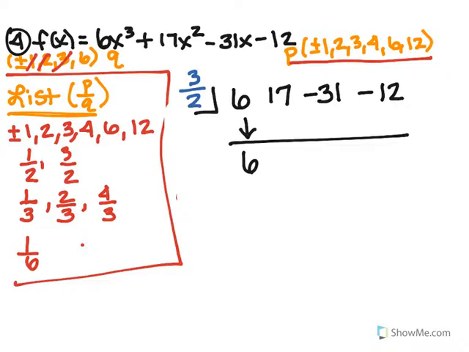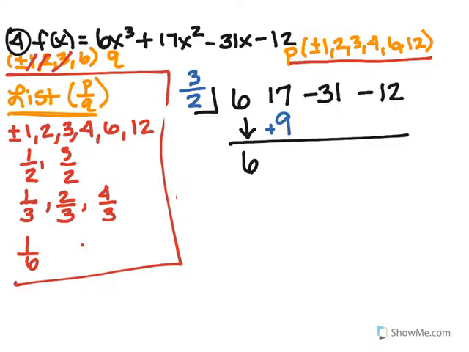Don't struggle with the fraction deal. You can use your calculator. So 6 divided by the 2 gives us 3, times 3 is 9.